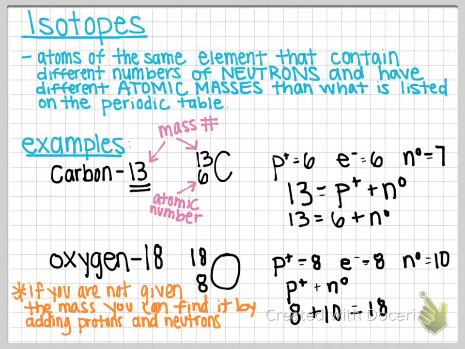Do not get the mass off of the periodic table when you're dealing with isotopes, because it is going to be incorrect.